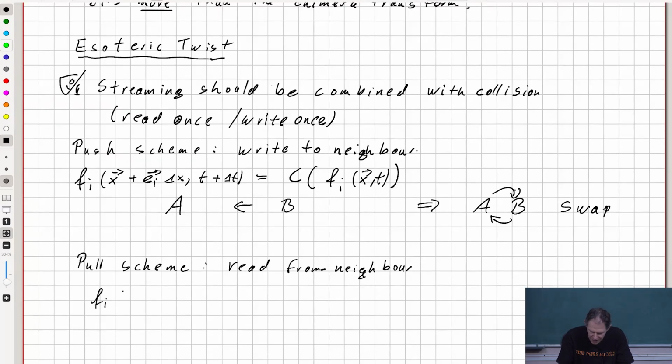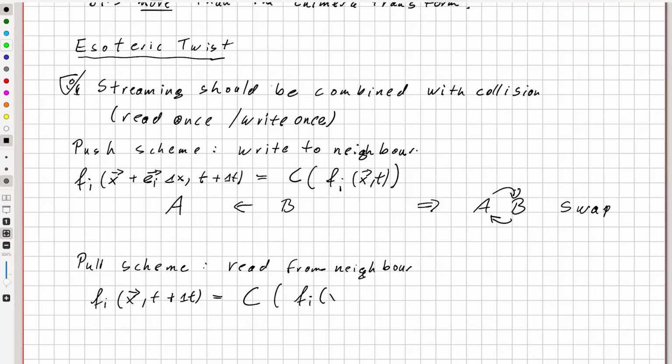You have fi at the position of the nodes for the next time step equal to the collision operator applied to fi, the populations coming from the neighbor. So now we have to get them, of course, from the opposite direction.